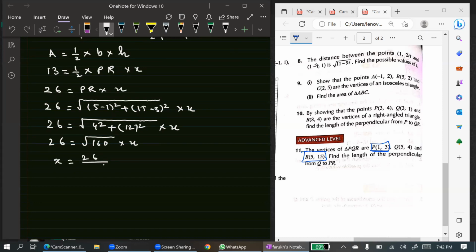X is equal to 26 over under root 160. The final answer is 2.05 units.